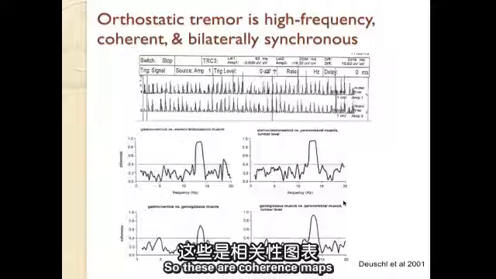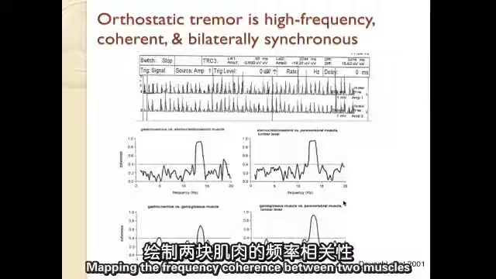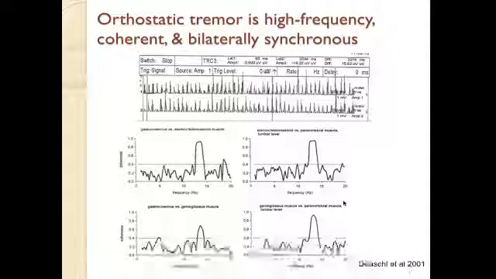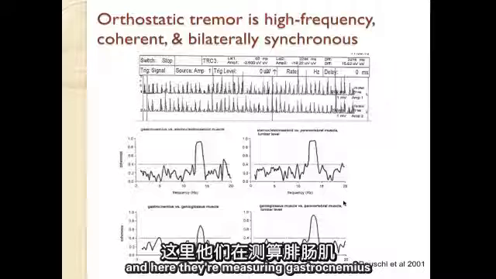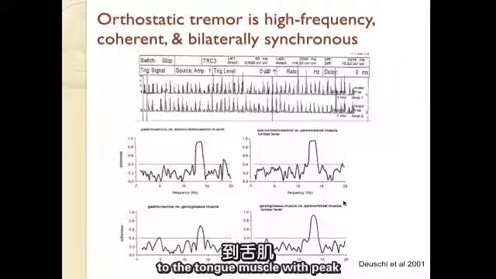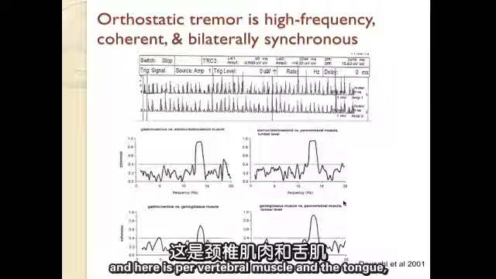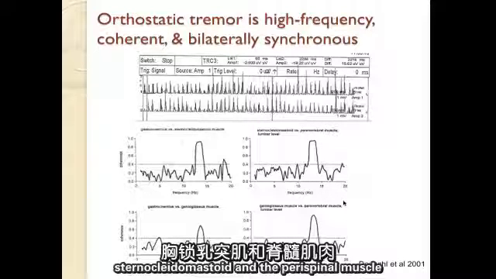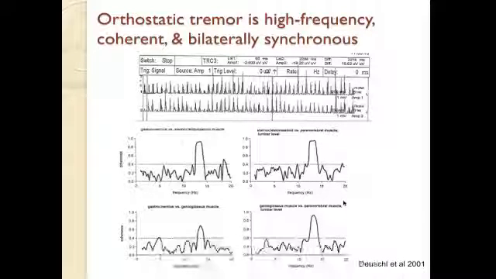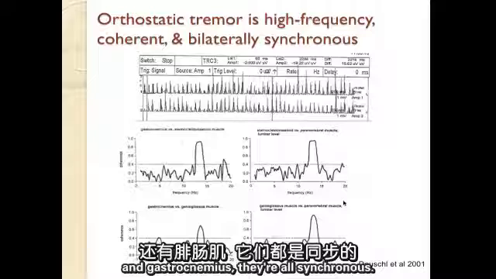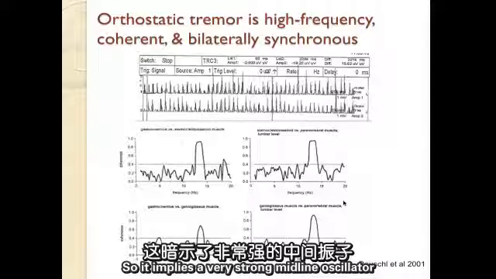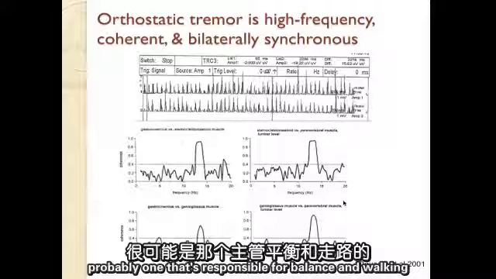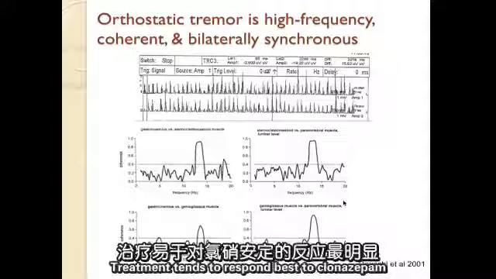So these are coherence maps, mapping the frequency coherence between two muscles. And here they're measuring gastrocnemius to the tongue muscle with a peak. And here is paravertebral muscle and the tongue, sternocleidomastoid and the paraspinal muscle, and gastroc and sternocleidomastoid. They're all synchronous. So it implies a very strong midline oscillator, probably one that's responsible for balance and walking.